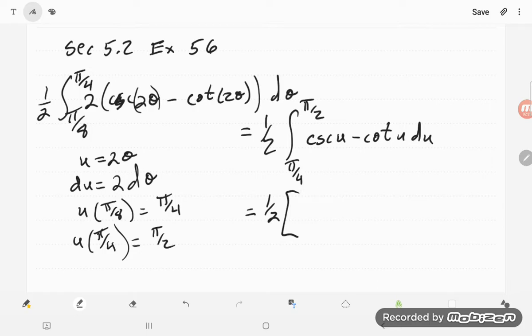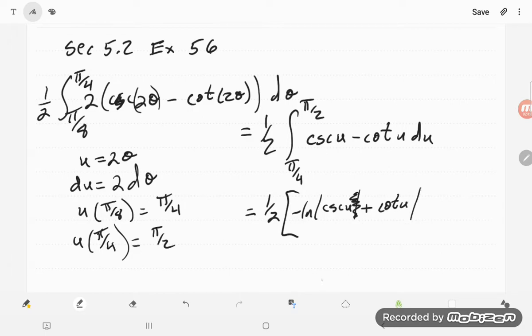And the antiderivative of the cosecant is minus the natural log of the absolute value of the cosecant of u plus cotangent of u, like that.